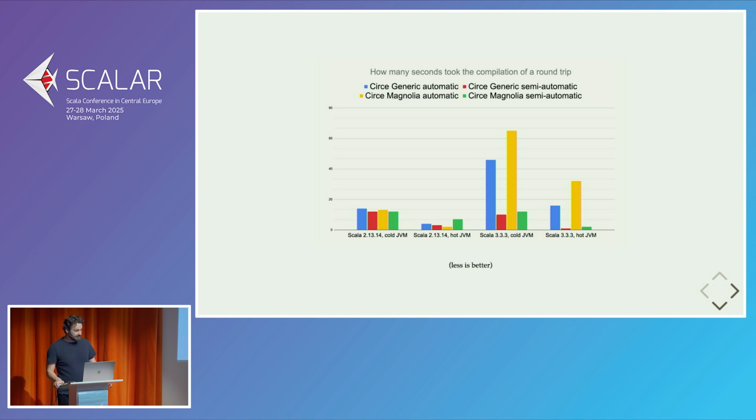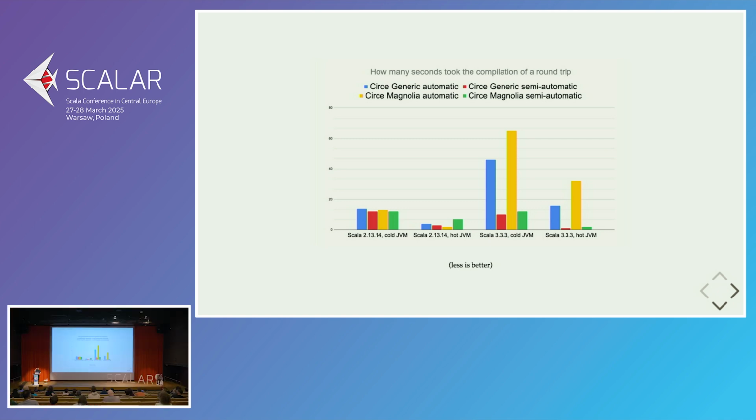But the interesting thing is what is happening with Scala 3, because we can see that Magnolia is taking more time to compile than raw mirrors. So if you try to use this better API, which is supposed to give you a better experience, better performance, etc., you can see that, at least when it comes to the compilation times, it increases the compilation times as opposed to using raw mirrors.